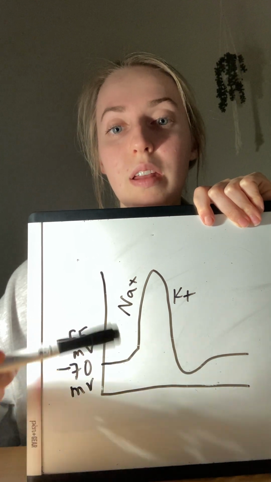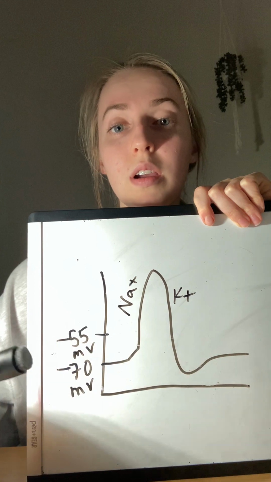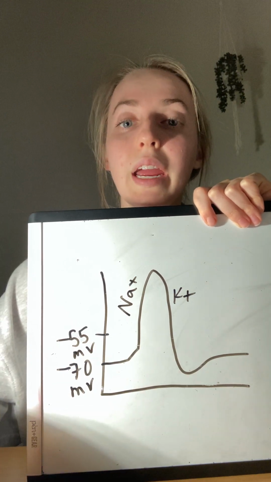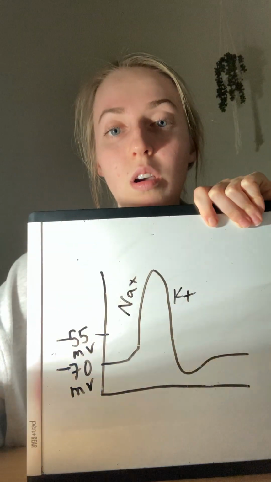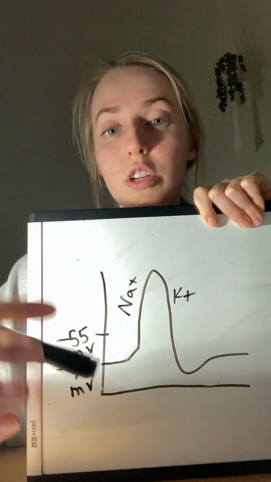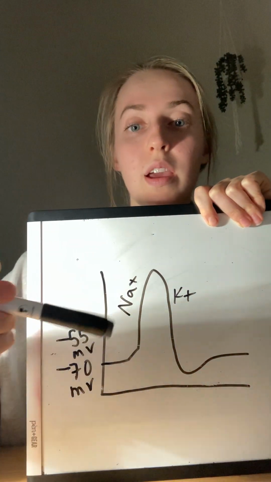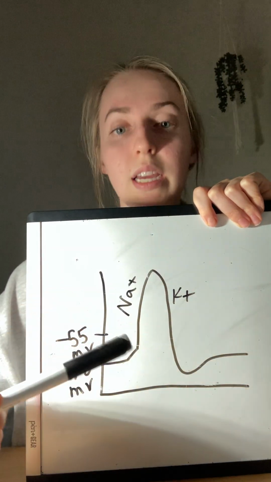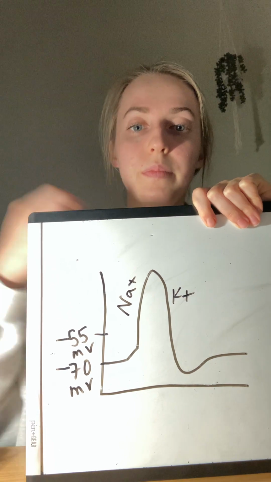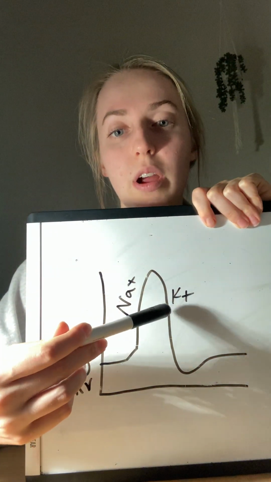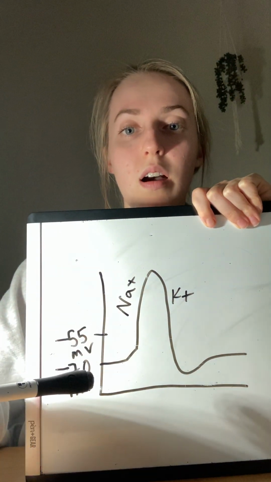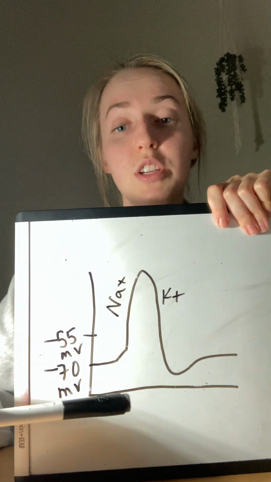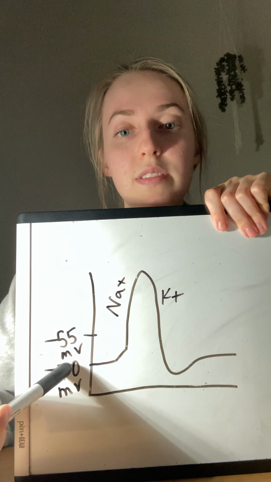And this is due to the influx of sodium coming into the cells. So sodium channels are open and it's going to rush into the cells, causing depolarization of the heart, contracting the heart tissue. And then the sodium channels are going to close right where that peak is, and potassium is going to rush out of our cells, and that's going to bring our resting membrane potential back down to -70.